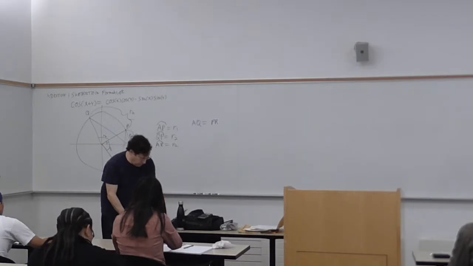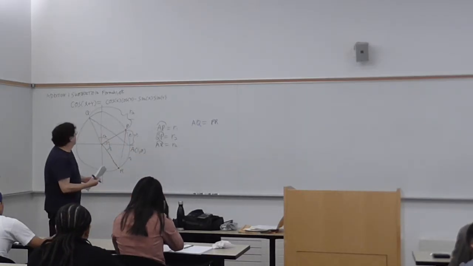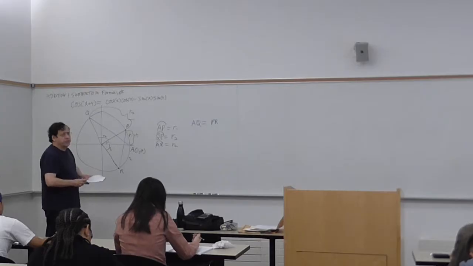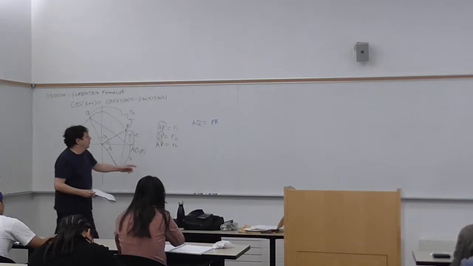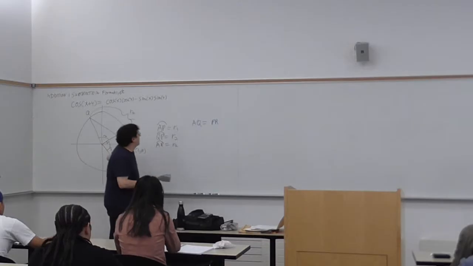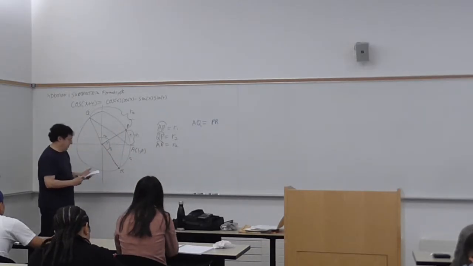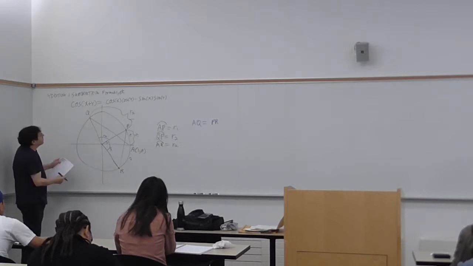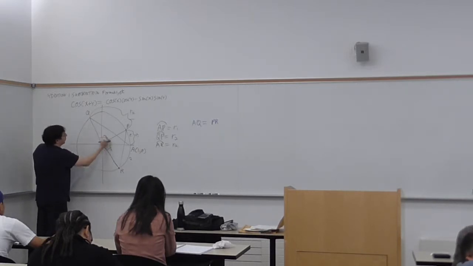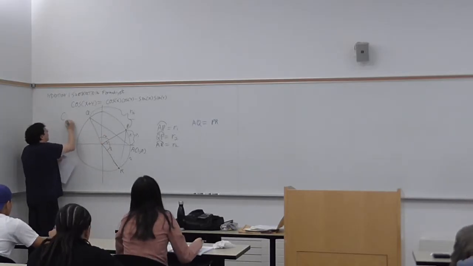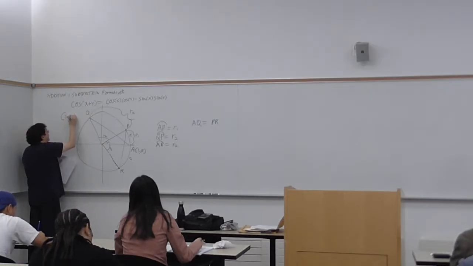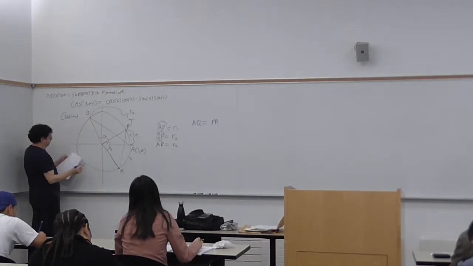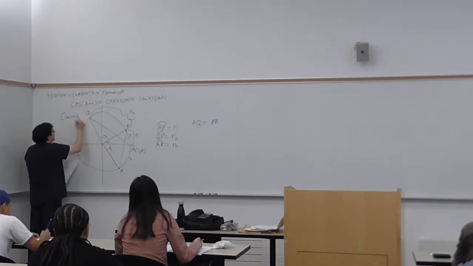So what I need to do now is fill in the coordinates for these two line segments. We have A. All right, let's look at Q for a second. Well, the angle here is R1 plus R2. So from our trigonometry, we can see this is the cosine of R1 plus R2, and the sine of R1 plus R2.